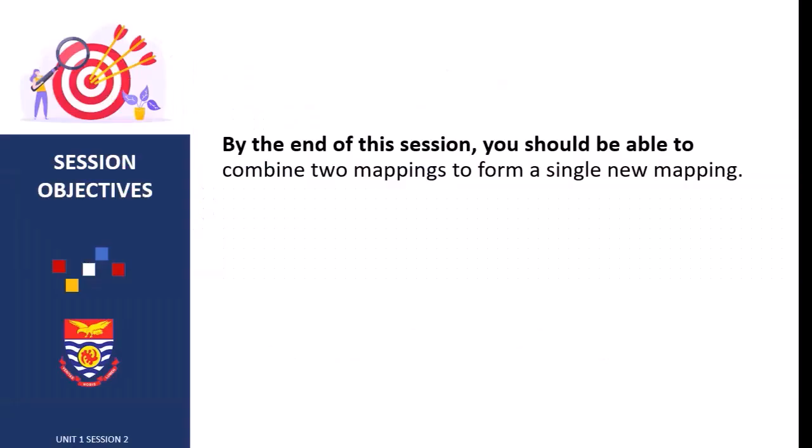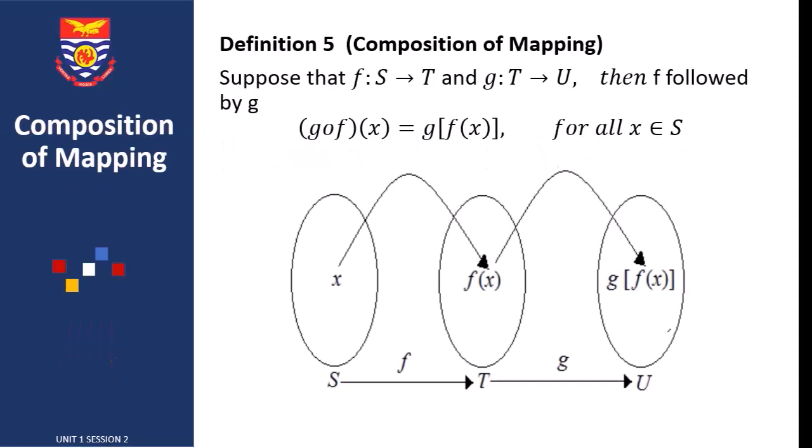By the end of this section, you should be able to combine two mappings to form a single new mapping. Good. Composition of mapping. What is composition of mapping? Let's look at Definition 5.